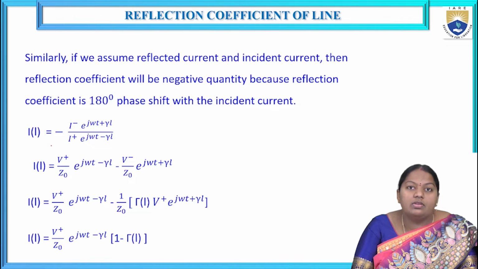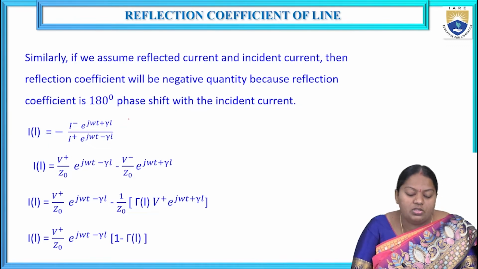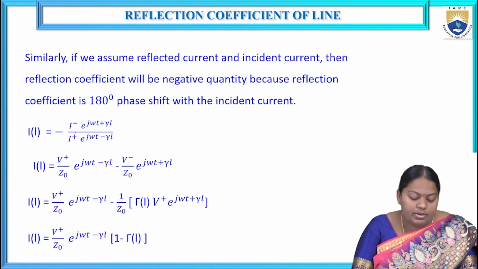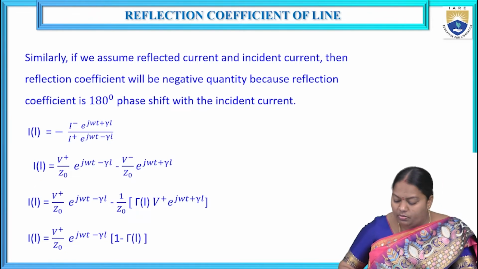Generally this reflection coefficient can be defined as the backward traveling wave to the forward traveling wave, and it is given by I of L is equal to minus I minus e power j omega t plus gamma L by I plus e power j omega t minus gamma L.